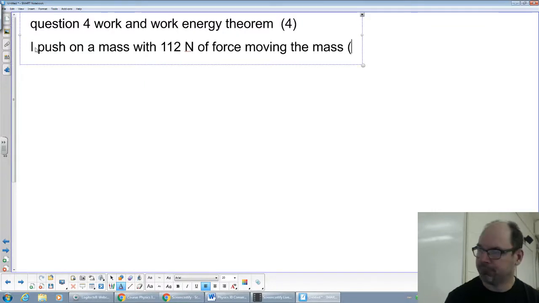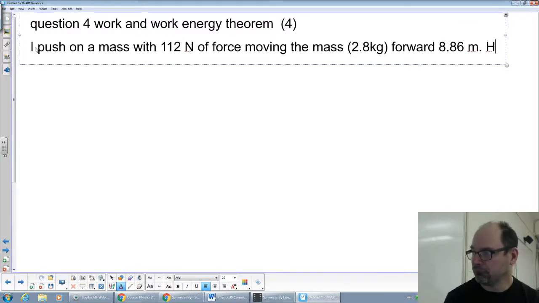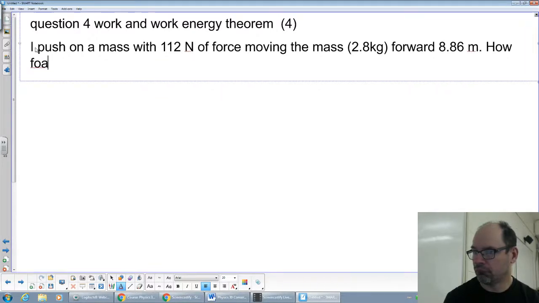Let's say that it's 2.8 kilograms. And moving the mass forward 8.86 meters. How fast is the mass moving?